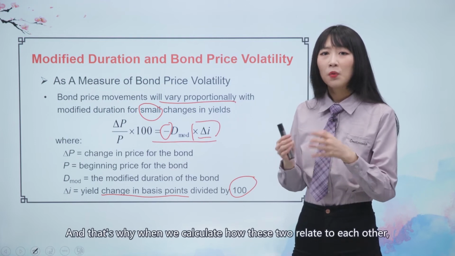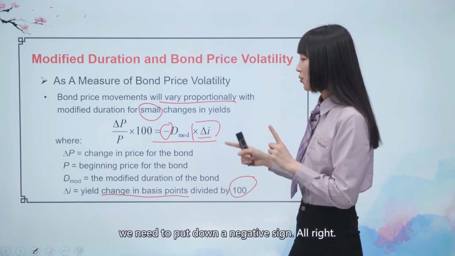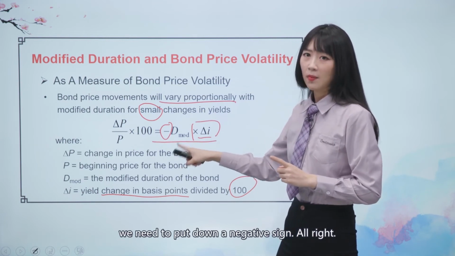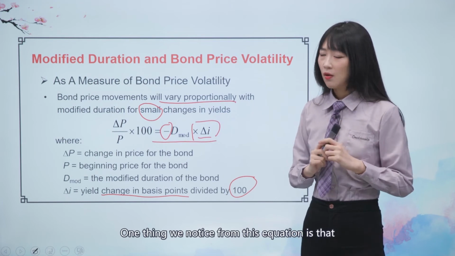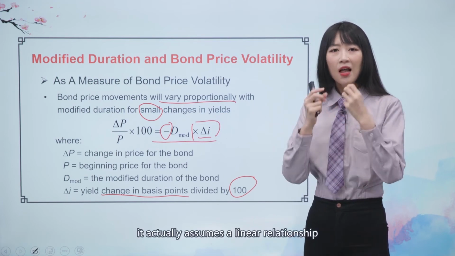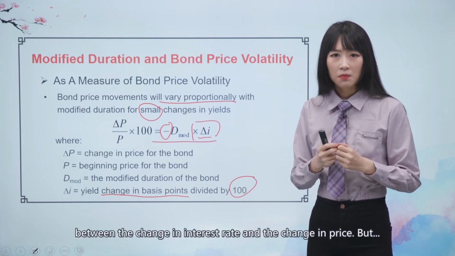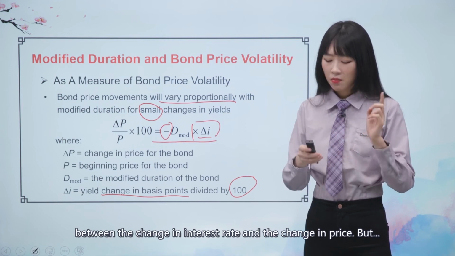That's why these two are negatively related, and why when we calculate how they relate to each other, we need to put down a negative sign. One thing we notice from this equation is that it assumes a linear relationship between the change in interest rate and the change in price.